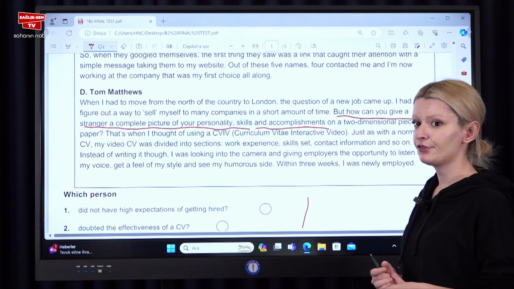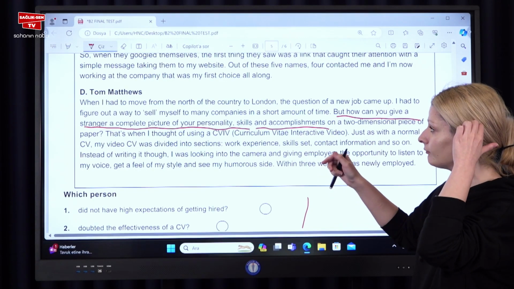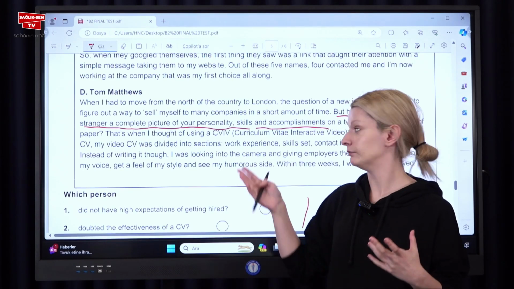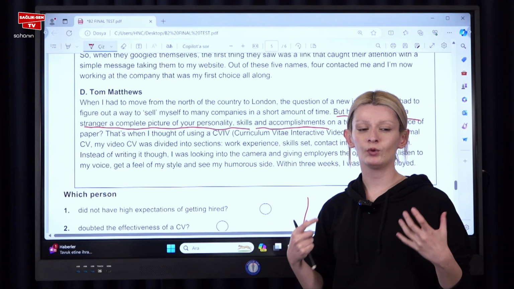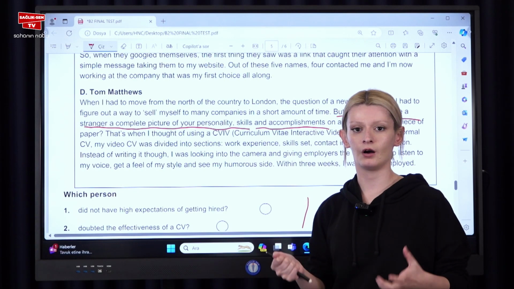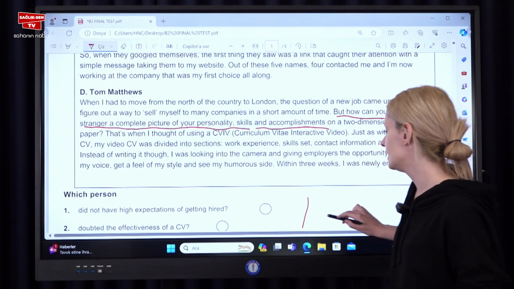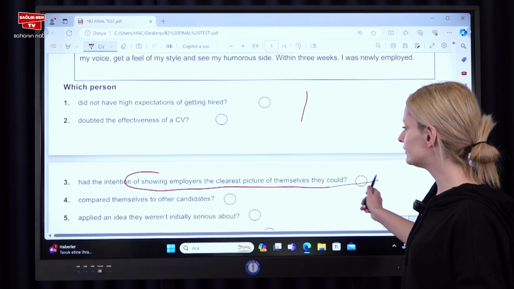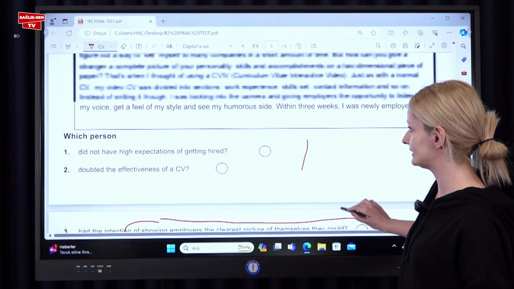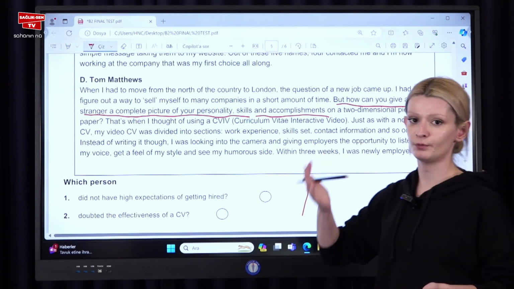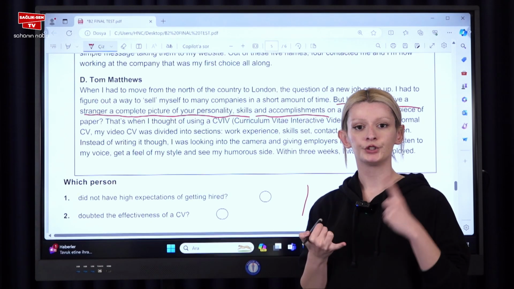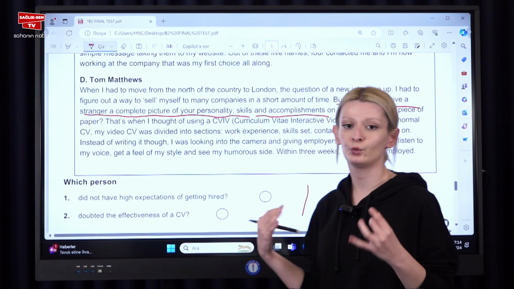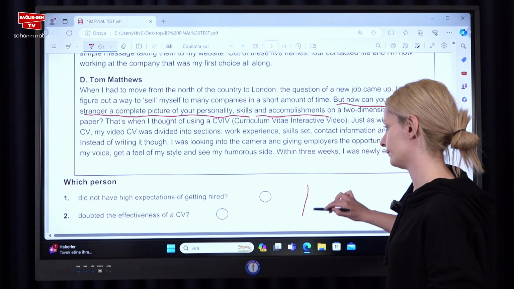And about Tom Matthews, we said that he didn't believe in the power of a CV, so he wanted to give a whole picture of himself and he shot a video. So we can say that the clearest picture of themselves as they could, we can say Tom Matthews, because he shoots a video about himself, he sends a CV, and it felt like he was on an interview.